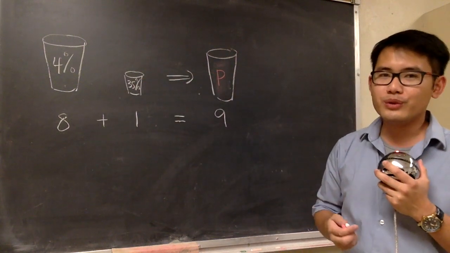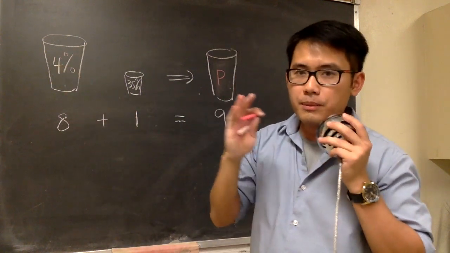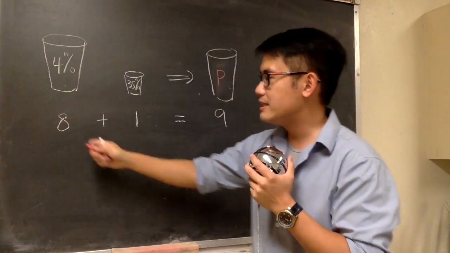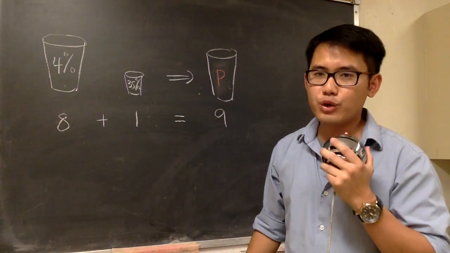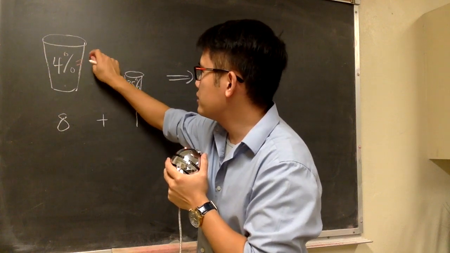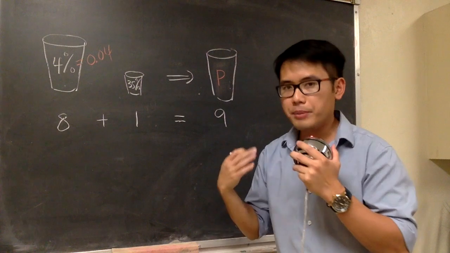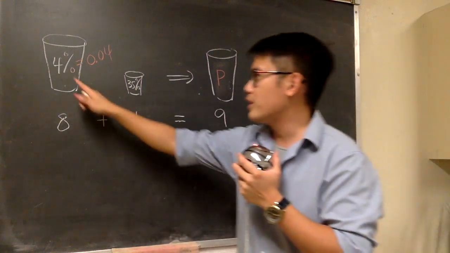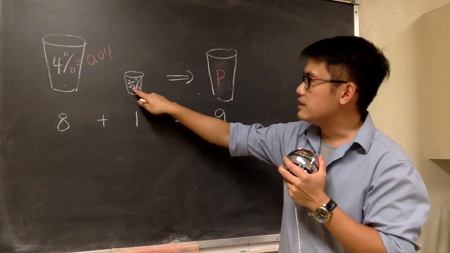And this is what we can do next. As you can see, this is 4%, right? Percentage of alcohol times the amount will give you the actual amount of alcohol that you're consuming. So I'm going to first take the 4% and change this to 0.04. That's a decimal because we're about to multiply, right? So be sure you change the percent into a decimal. And right here, this is 35%.